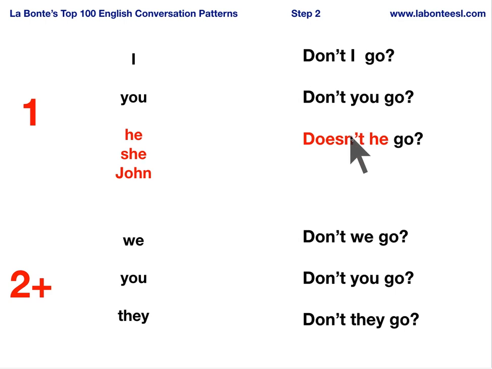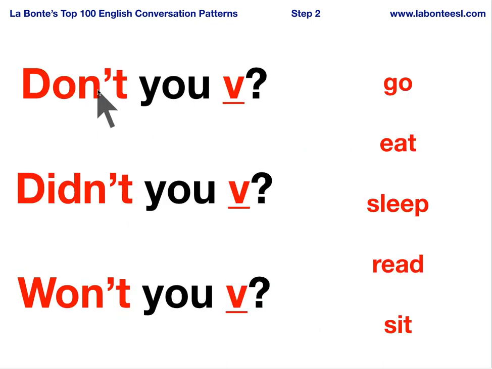Another little trick that I do sometimes is I will give them the English and I want them to translate it back to me in Korean. So I will randomly say, for example, "Don't you go," and I want them to be able to translate that into the Korean.